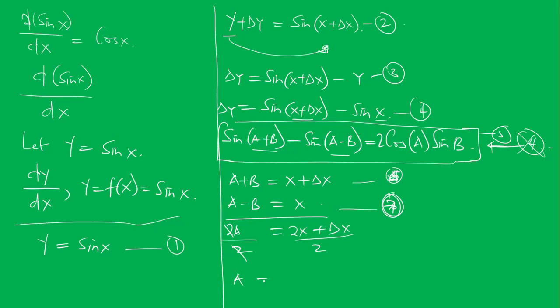You have a is equal to x plus delta x all over 2, which is equation 8. Now let's write this again so that you follow along on this page.